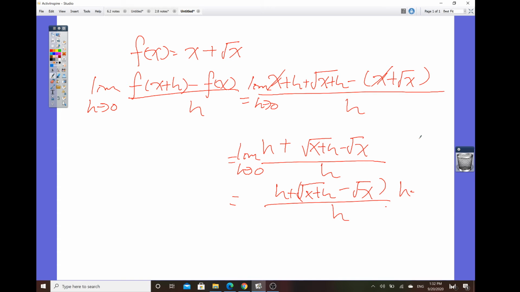One thing that we can do is separate them. Something that we can separate is the h over h. Obviously that's 1, right? And then the other term has the radical with the h. So let's try to separate those terms.